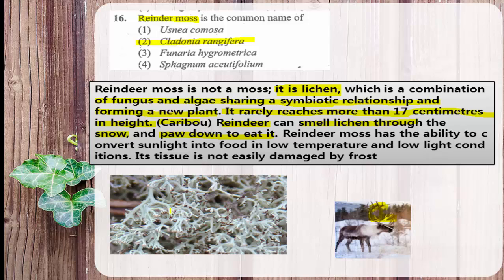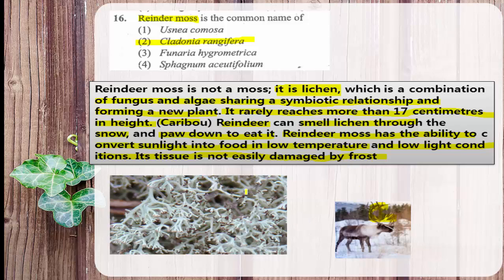This is the image of reindeer moss, which is nothing but a lichen, and reindeer moss has the ability to convert sunlight into food, very important, even in low temperature and low light conditions. It is not easily damaged by the frost. Even though the ice is covered, even though very little light is available, this lichen is able to synthesize food, and it is not damaged by the frost.